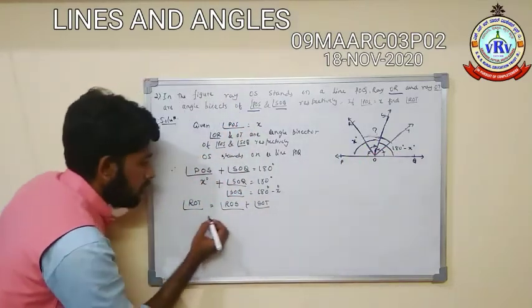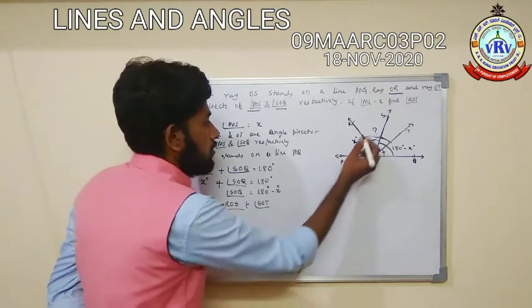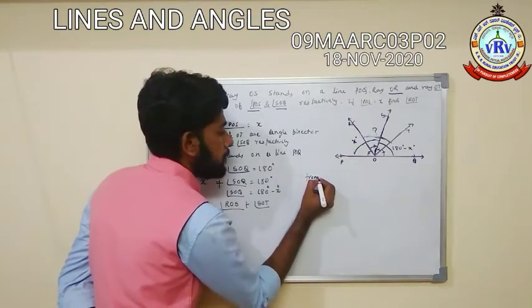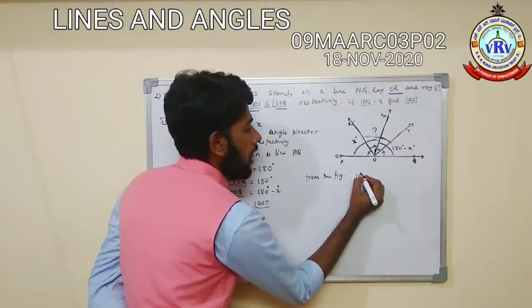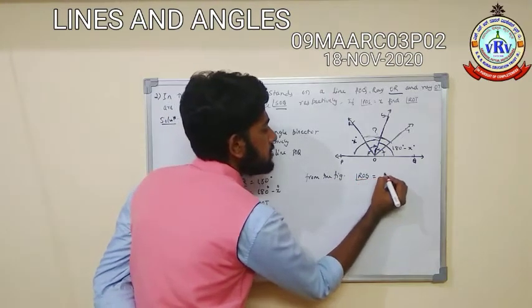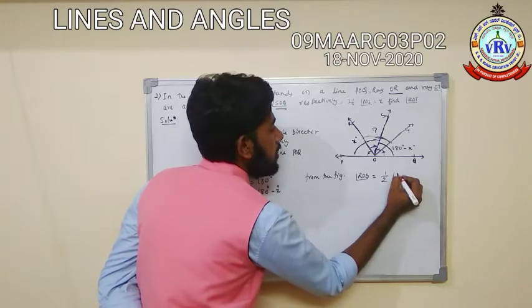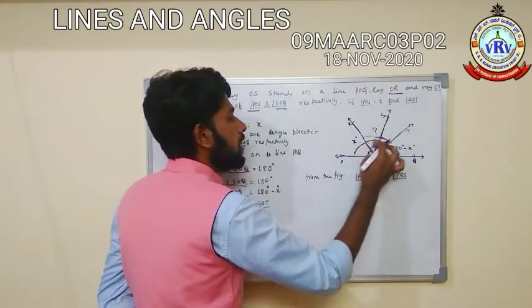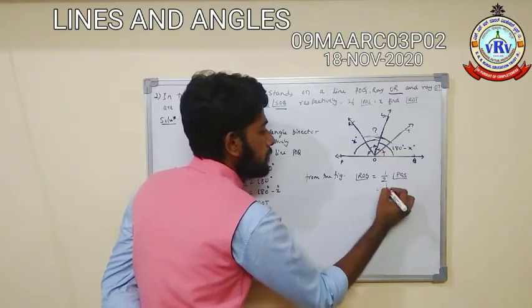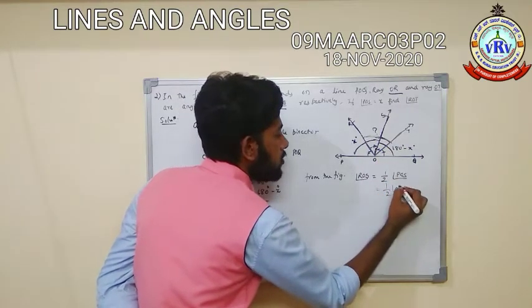So, from the figure, angle ROS is half of the angle POS. Angle ROS is half of the angle POS, and POS is given as x degrees.